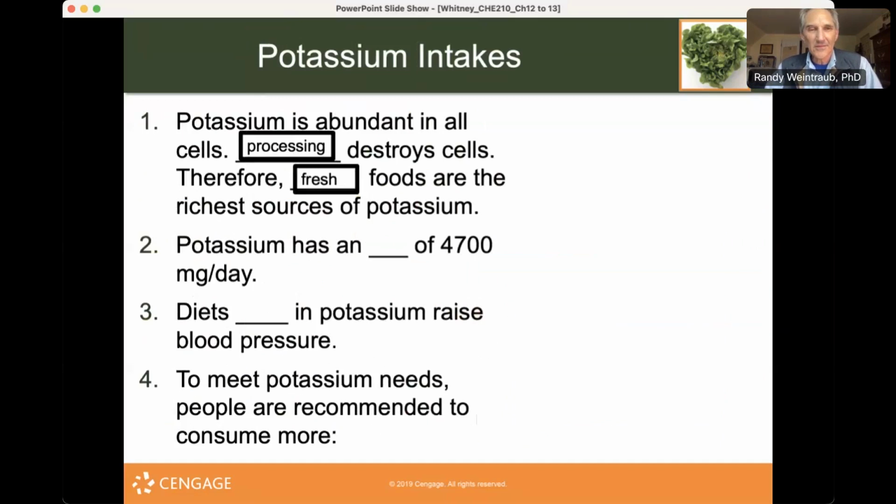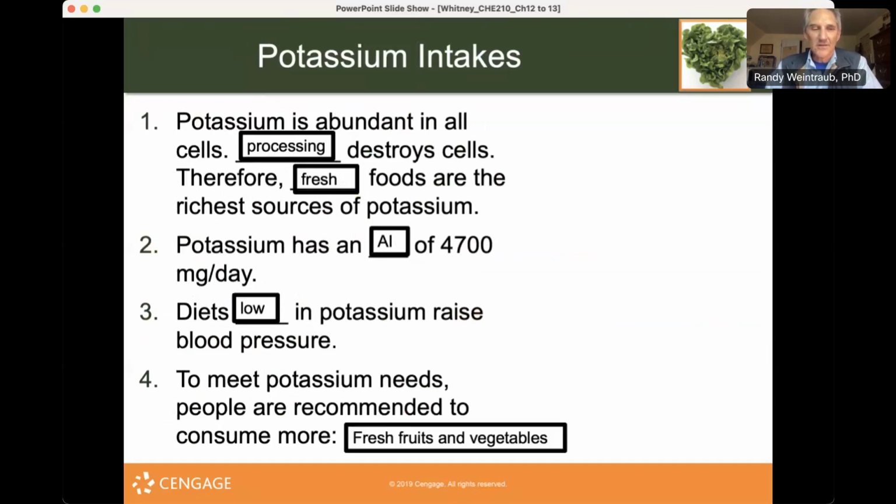Therefore, fresh foods are the richest form of potassium. The adequate amount is 4,700 milligrams per day. Diets low in potassium raise blood pressure. So that's that interaction between potassium and sodium. To meet potassium needs, people should consume more fresh fruits and vegetables.